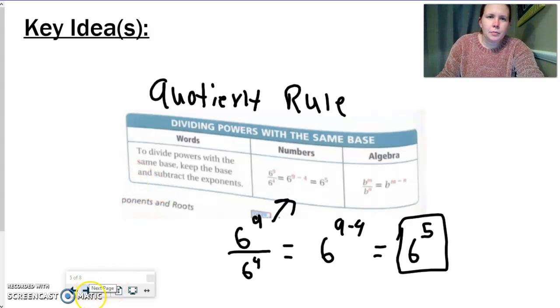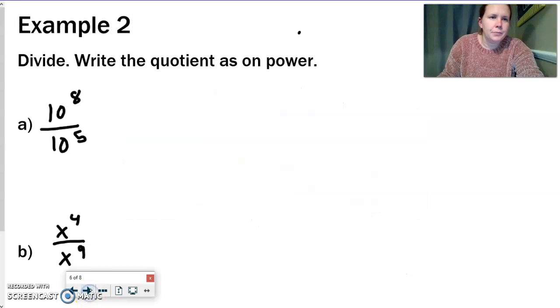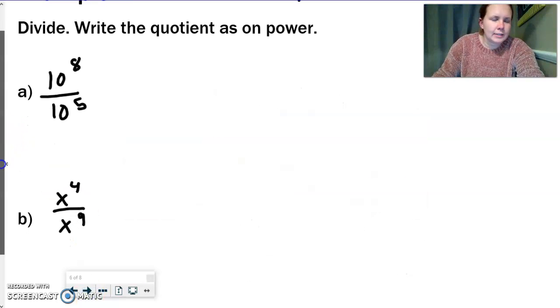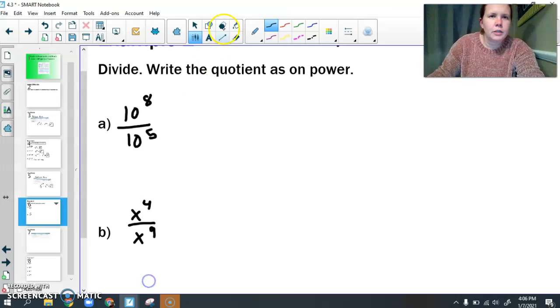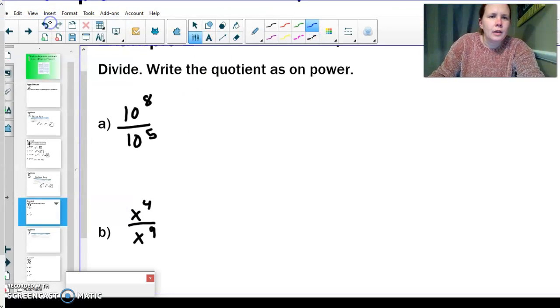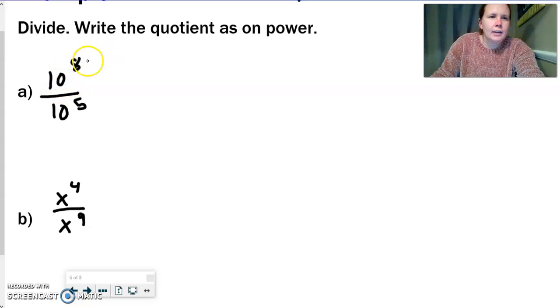So let's take a look at a couple of the quotient rules. So these ones I'd already started writing them out, so I think I'm actually going to grab a different color so that you can see the work a little bit better. So in this case, I have 10 to the 8th divided by 10 to the 5th. So my base that is common is 10.